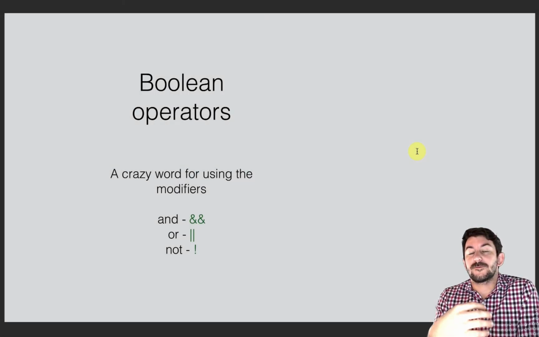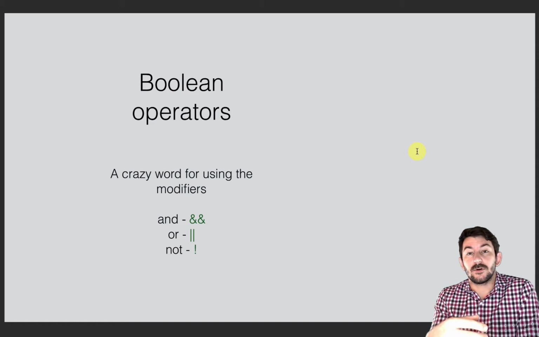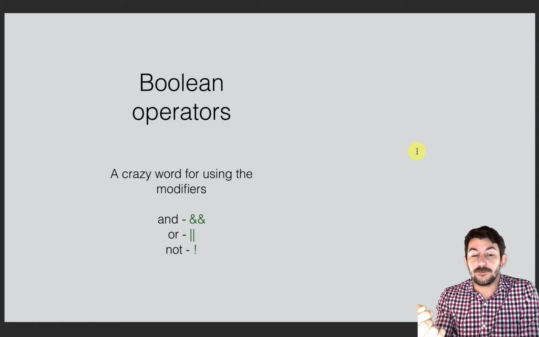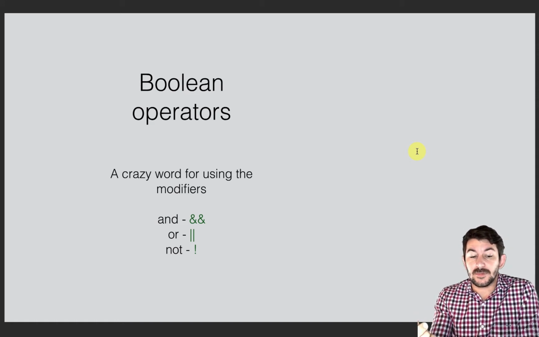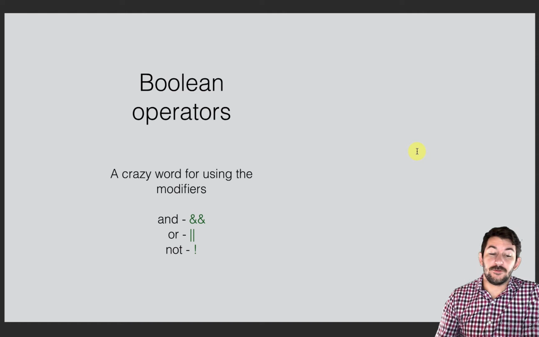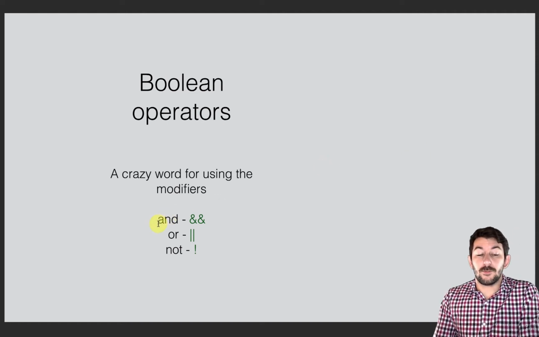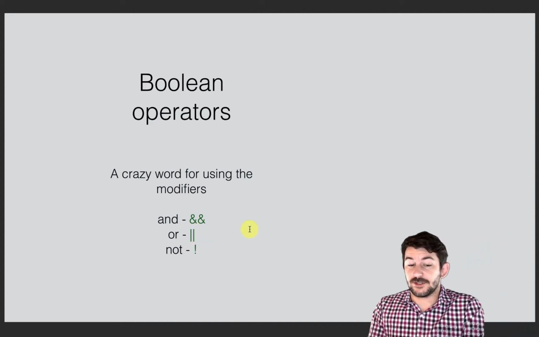Something to further make these useful, but also add another layer of complication, are Boolean operators. That is a really fancy word for things that you use all the time and understand in day-to-day life. The main Boolean operators are the words and, or, not. And in Bash, they're signified by two ampersands, two pipes, or an exclamation.